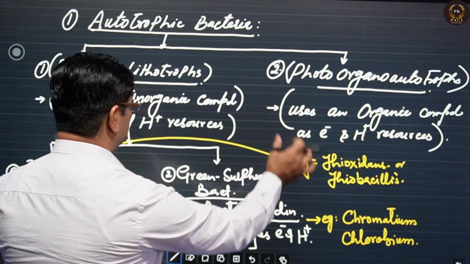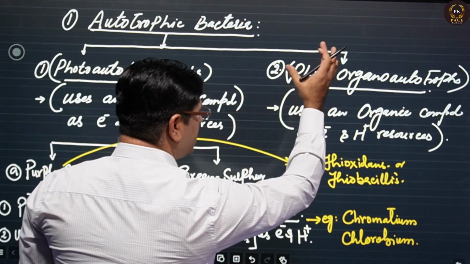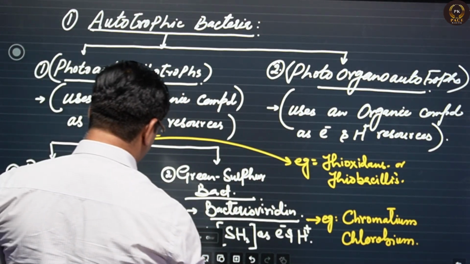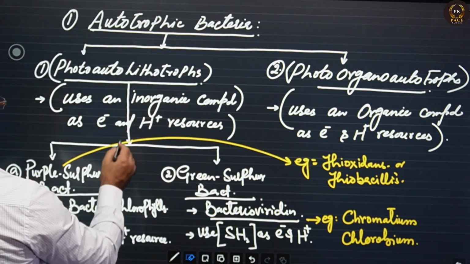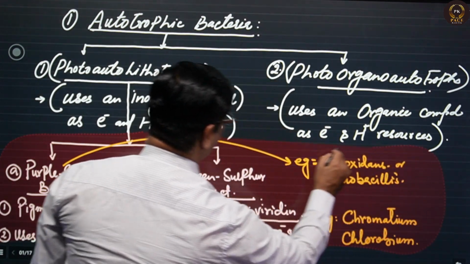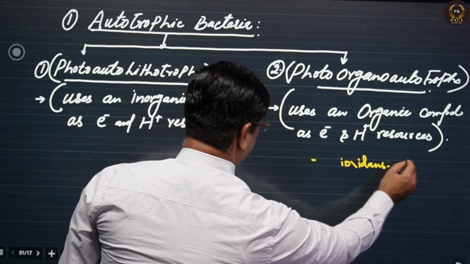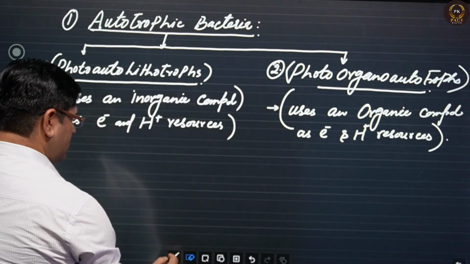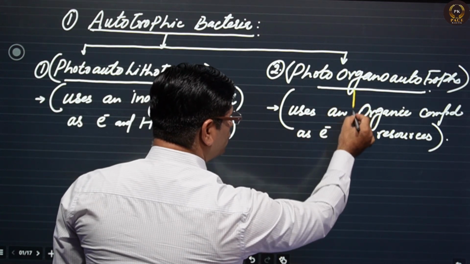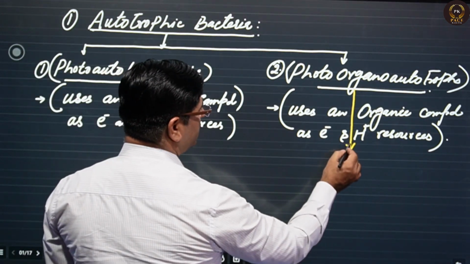Now in the same manner, like we have completed photolithoautotrophs, if we talk about photoorganoautotrophs, these are also bacteria. These bacteria also have two categories.